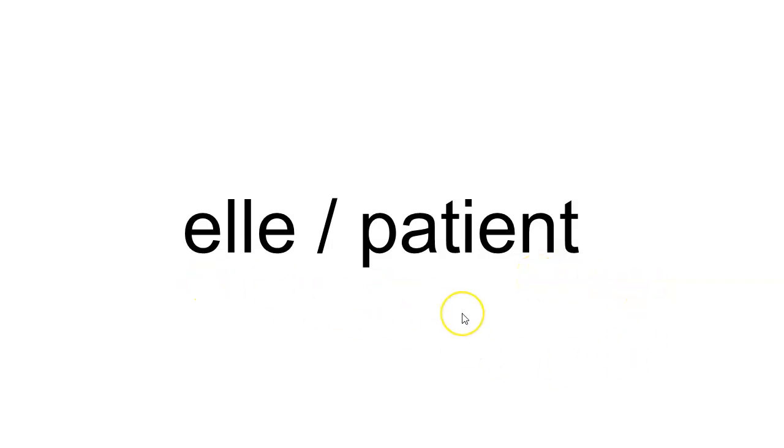So if I want to say she is patient, how would you say that in French? Complete sentence, she is patient. Elle est patiente. Remember to capitalize and use your period, especially if you're doing exercises from the workbook.